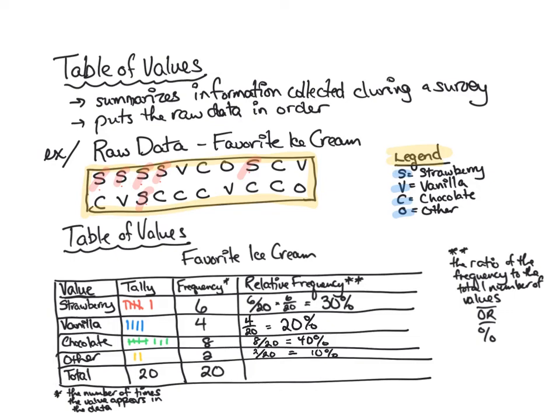Now, if you've calculated all of this properly, your percent should equal close to 100 over 100, or 100%, or if you do it in decimals, 1. Sometimes it'll be a little bit off because you've had to round, and that's totally okay.